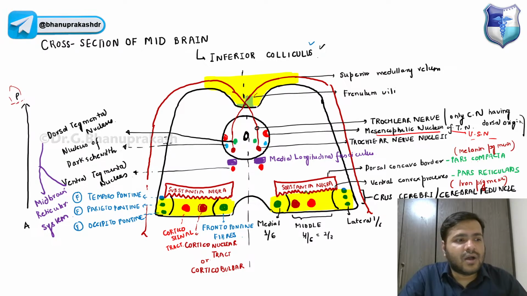Outside the gray matter, we have a pair of nuclei, and that is called the interstitial nucleus of Cajal, right?